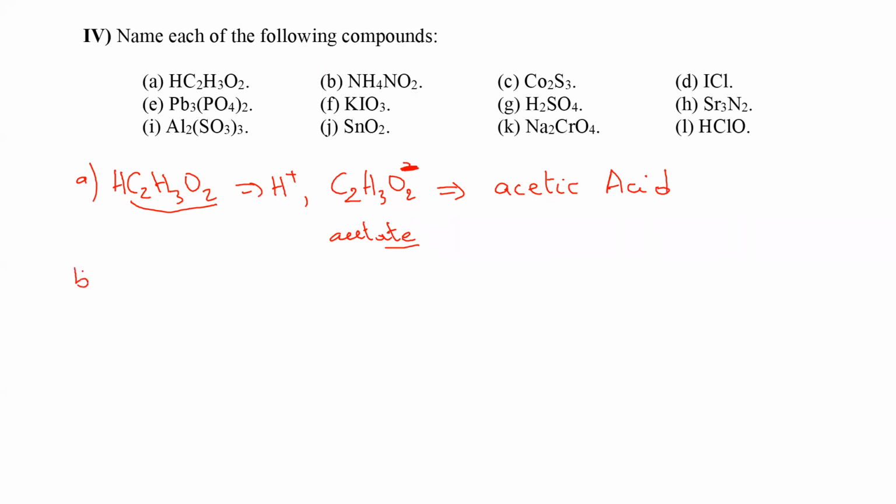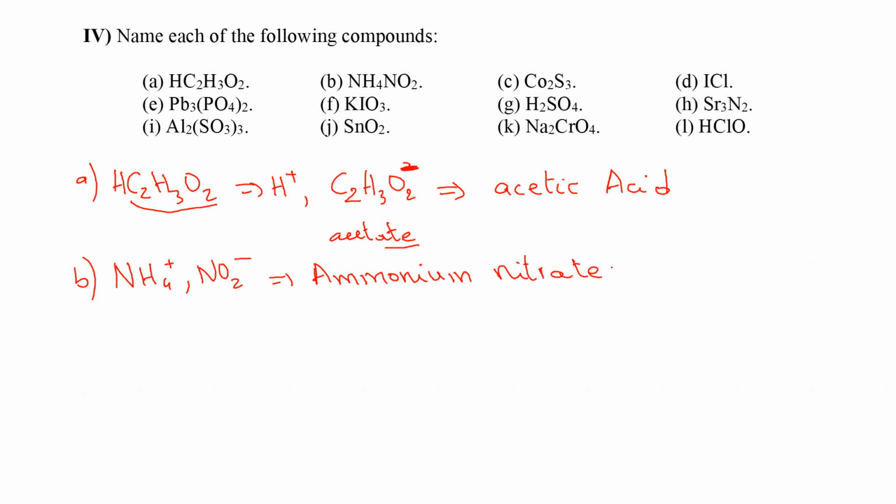If you look at B, it's based on ammonium, so it's ionic. We have NH4 plus and NO2 minus, and this is the nitrite ion. So it's going to be simply ammonium nitrite.